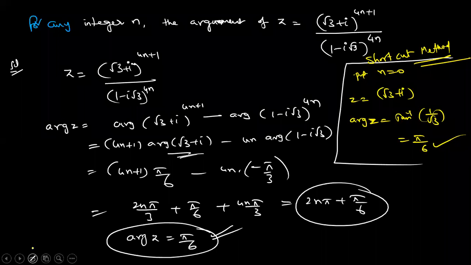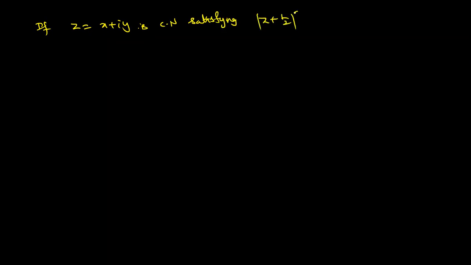Okay. Now we discuss one locus. See, they are asking what is the locus? Last question, if z is equal to x plus iy, suppose z is a complex number satisfying modulus of z plus 1 by 2 whole square is equal to modulus of z minus 1 by 2 whole square, then find the locus of z.